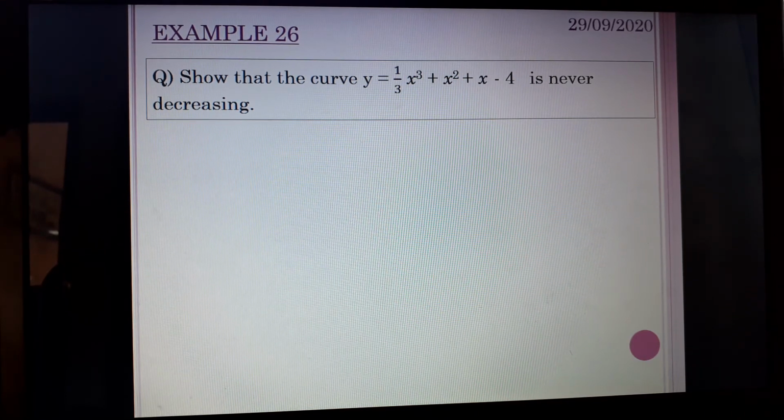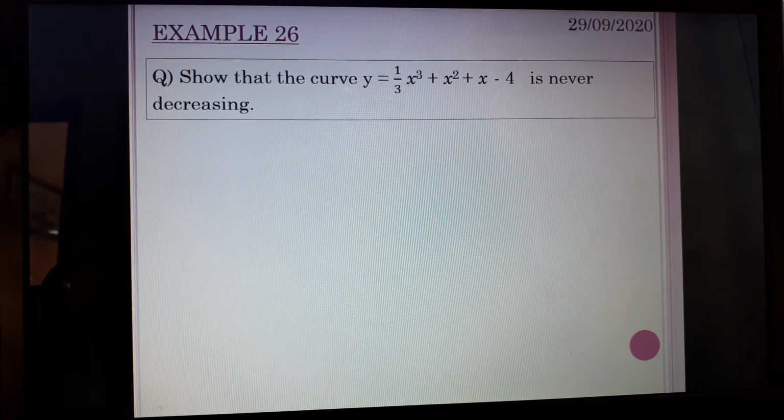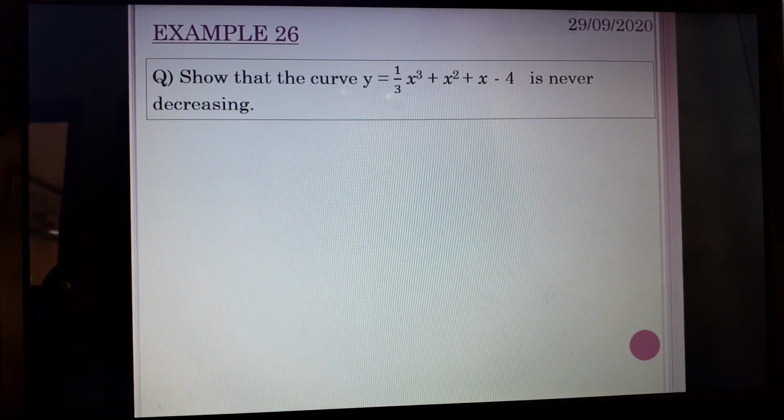So this is one of these, show that the curve which is given is never decreasing. Now if a curve is never decreasing, then what does that actually mean? That means that dy by dx could never be negative. So we had something like this before when we were trying to prove something could only ever be positive and things like that.